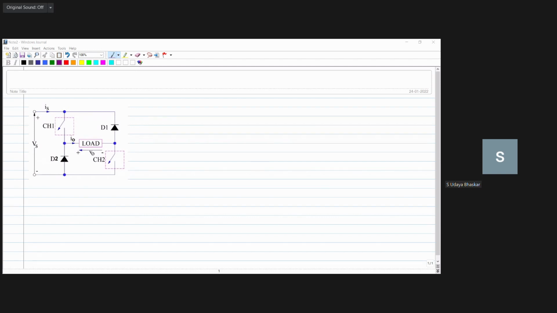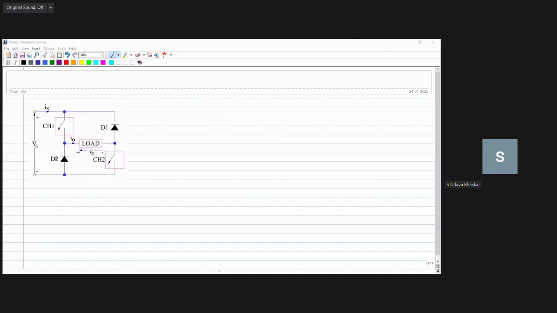This is R and this is L. So when the switch is at T equal to 0, that means the switch is in open condition. Switch is in open condition.